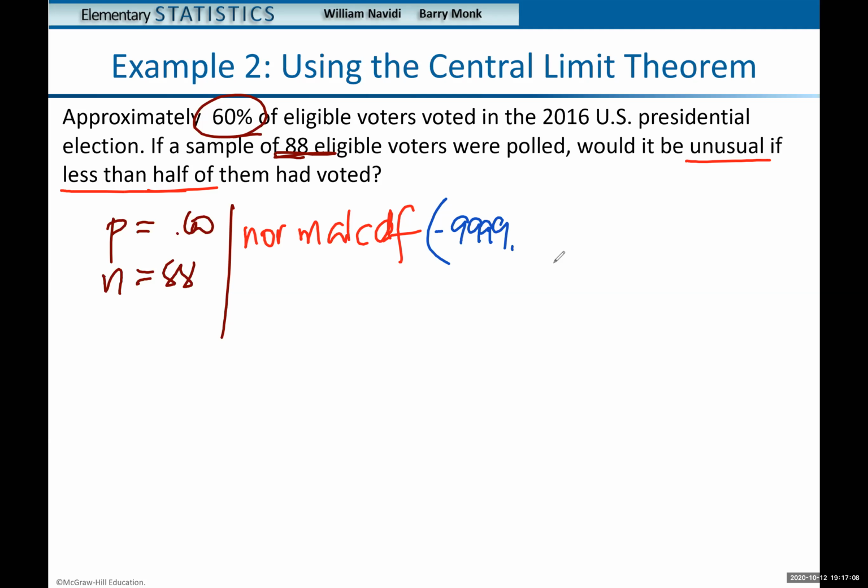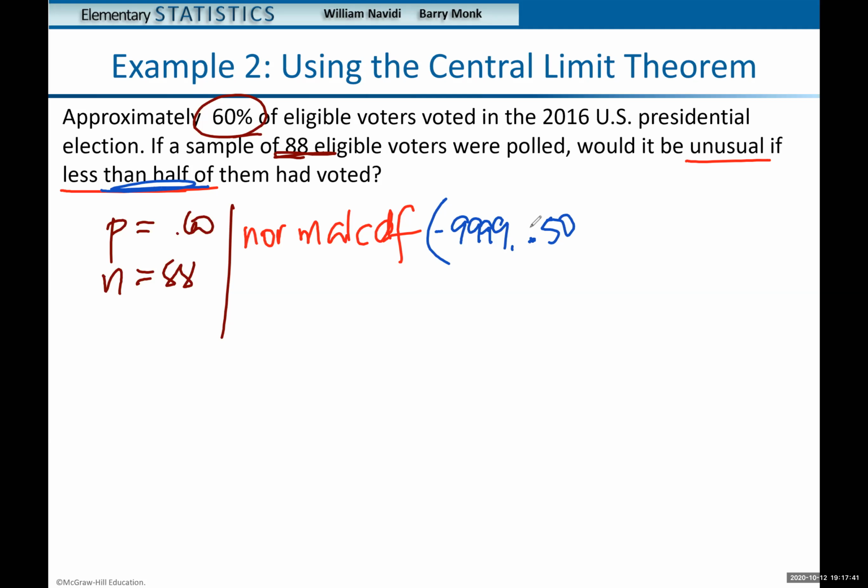Since it's half of them? Half? No. Oh, then it's just 88. Sorry. No. Okay, never mind. Try again. Half. 44? No, no. 50%. Oh, I thought the half of them was referring to the sample for some reason.